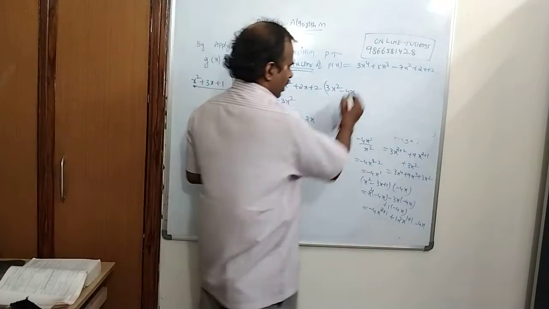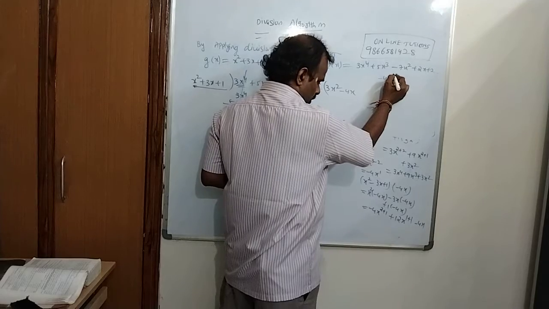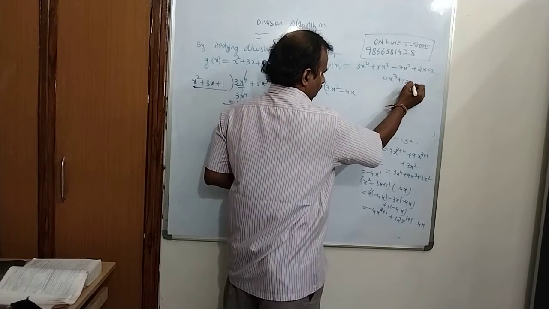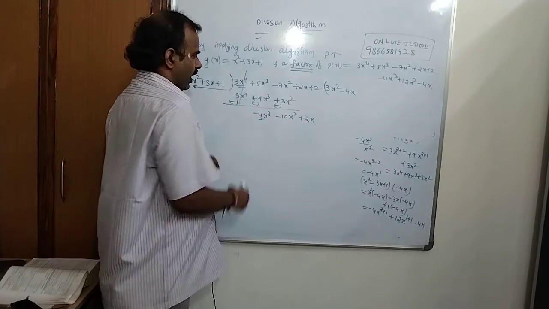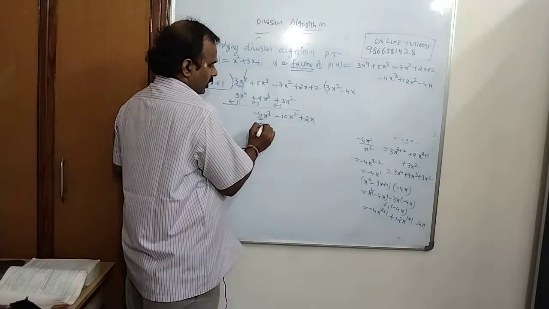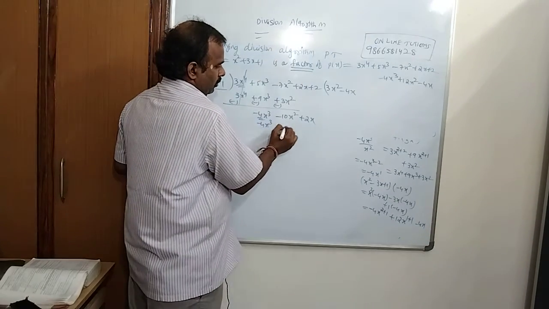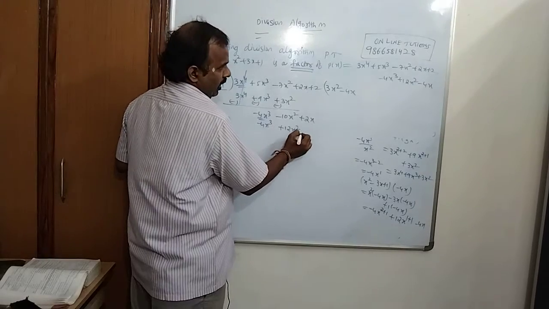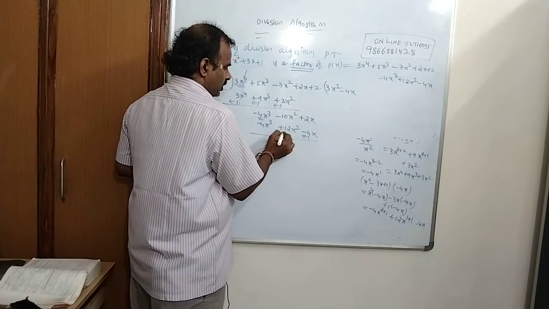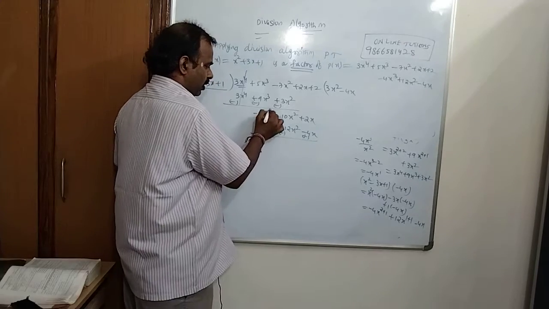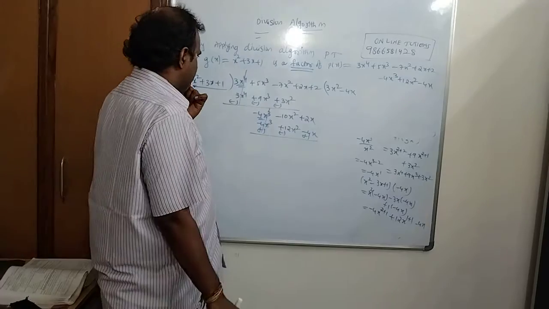So what do we get here? Minus 4x cube minus 12x square minus 4x. So write down here minus 4x cube minus 12x square minus 4x. So this is plus, this is minus, this is plus. These two will get cancelled.